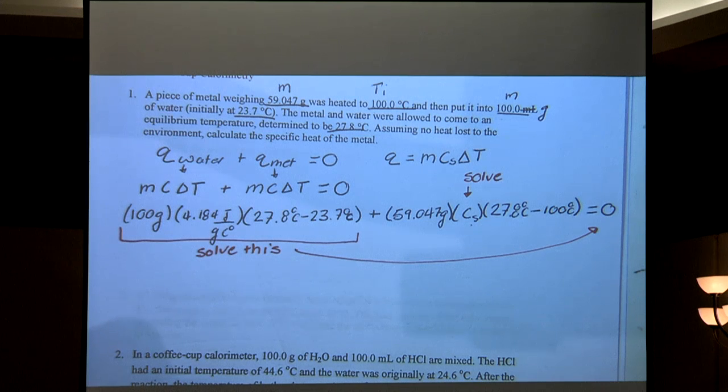I'll give you a minute to try it. Try putting it in your calculators, because the second most common mistake in this is not doing the algebra right. So take 1 minute and do this.